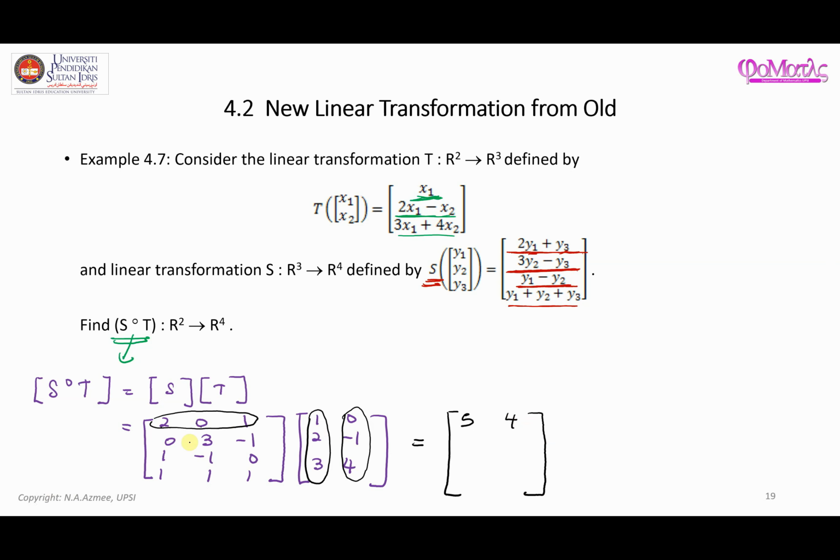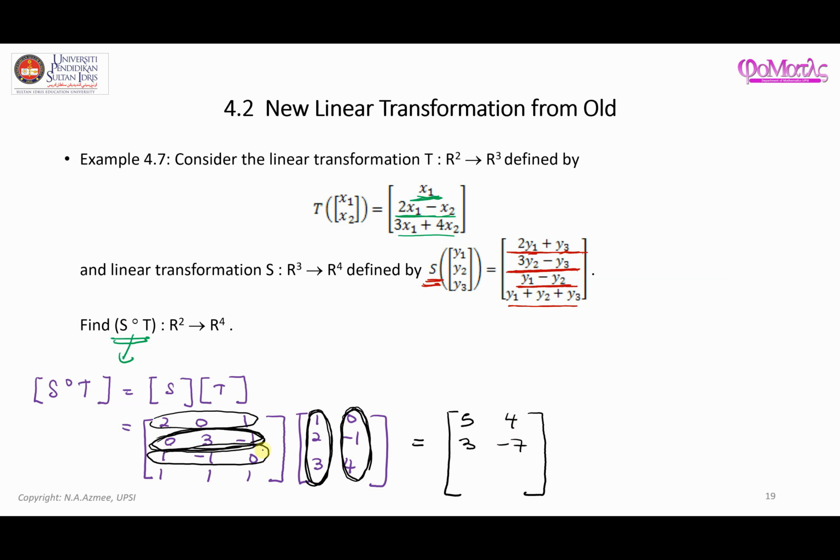Next is this one with this one: 0, 6, negative 3, so this is 3. And then this one with this one: 0, negative 3, negative 4, negative 7.